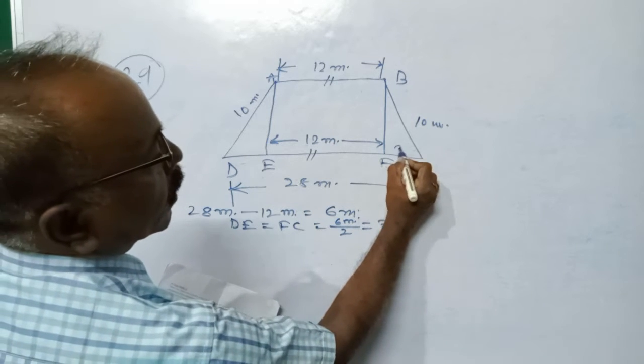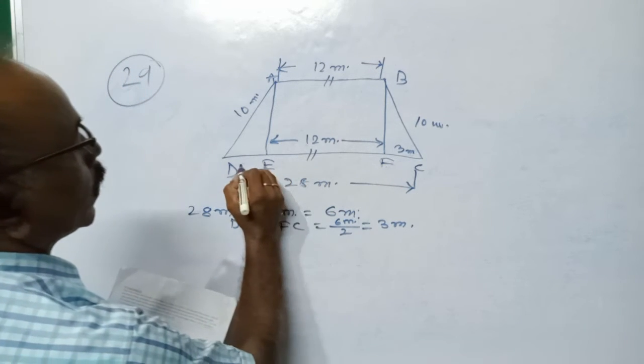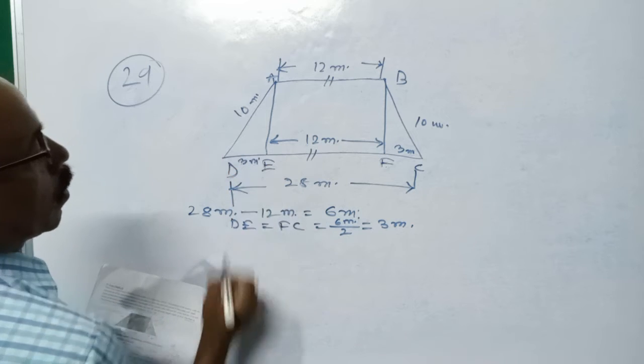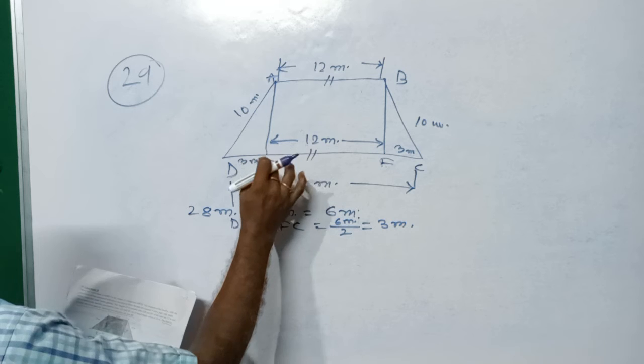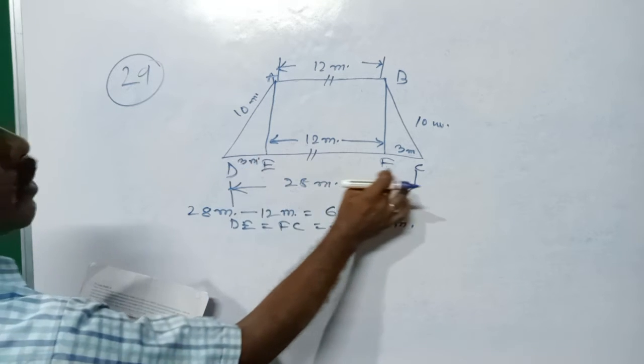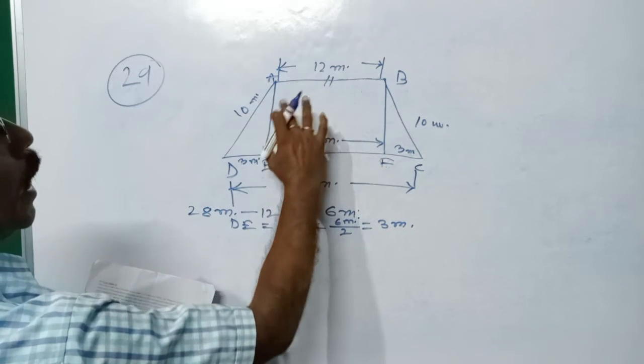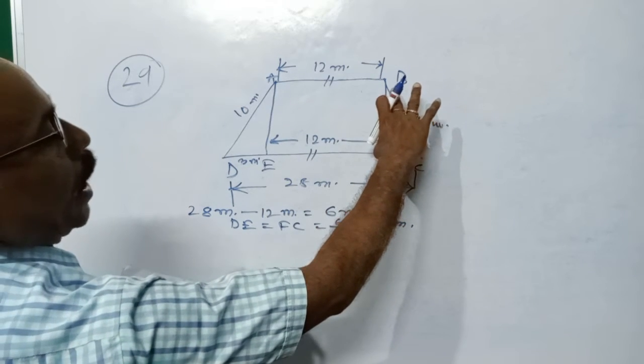You see, this is 8 meter and this is 8 meter. So we can measure the perpendicular distance from DC to AB as AE or BF.